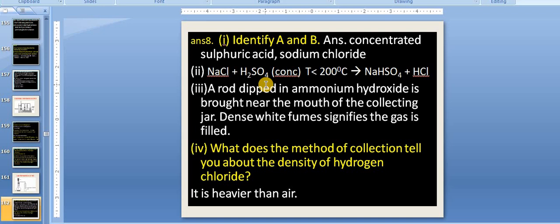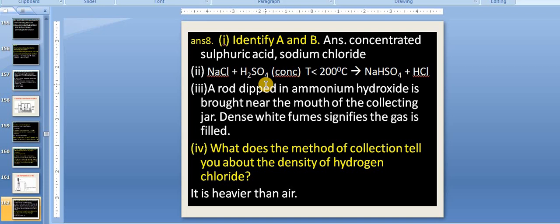Now, as the question was asked, what is the method of collection? HCl is heavier than air, so the air will go up. So upward displacement of air should be the answer. I have missed it over here, I have not written it. Upward displacement of air, and here the density is asked.